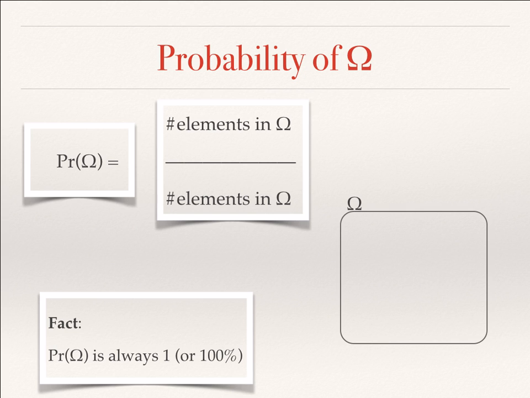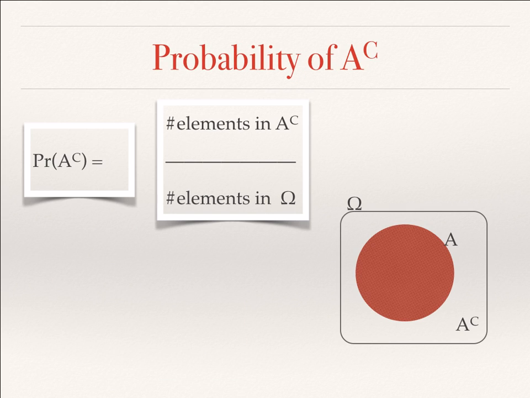Okay. Next, here we are interested in the probability of the complement of A. Remember that the complement is the operation that picks out all the elements that are not in A. So here, we simply need to count the number of elements that are in the complement of A, namely the number of elements that are not in A, and divide them by the number of elements of omega.